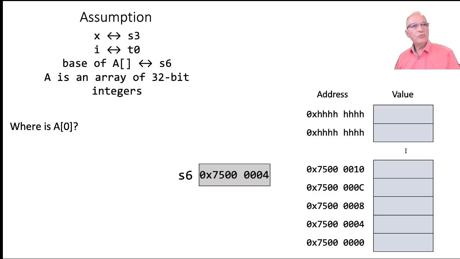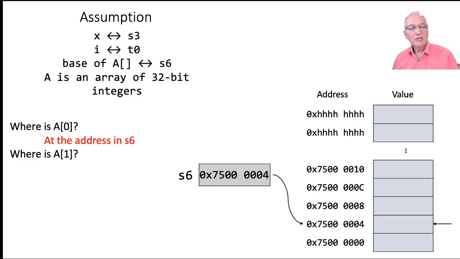The first question is, where is A0? Remember that A0 is the element that is at the address of the base of the array. The address of the base of the array is in S6. Therefore, the element A0 will be at this position in memory. So we can say that the element A0 is at the address in S6.